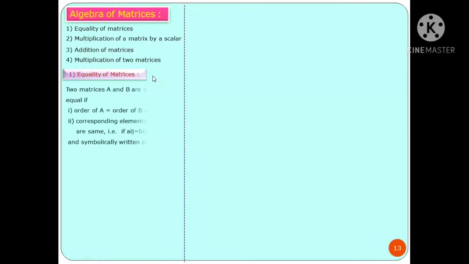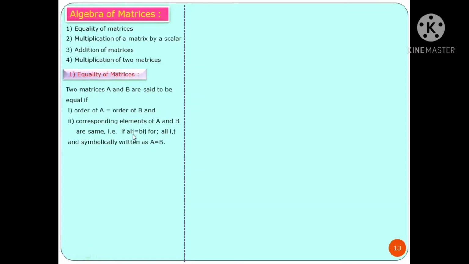Definition: two matrices A and B are said to be equal if the order of matrix A is equal to the order of matrix B and corresponding elements of A and B are the same.